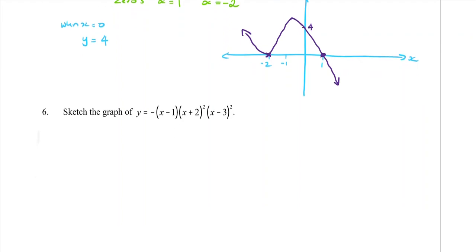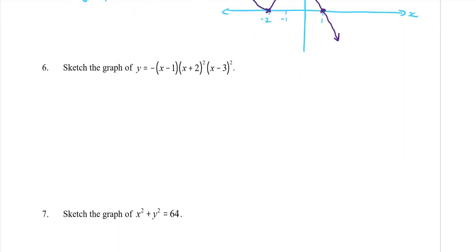Look at this one. How many degrees is this? 5. So you have 2 here, and another 1. This is a degree 5 polynomial. If you were to expand that out, it would have 6 terms. But anyway, we don't have to expand it. Each one of those brackets there is going to give us a 0.